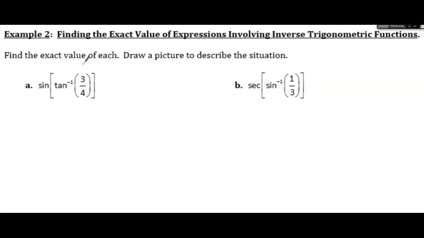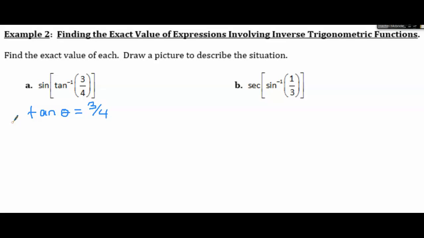So we're kind of using SOHCAHTOA for these problems. You got to go back to right triangle trig. If you have tan inverse of 3/4, that's the same as saying the tangent of theta equals 3/4.